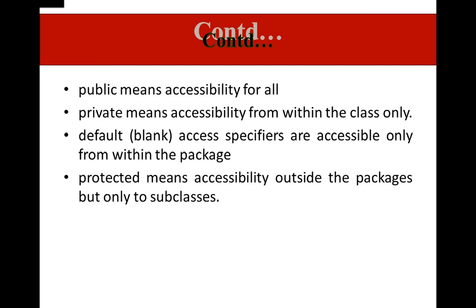Once you have the object of the class, you can access that public variable. In the same way, you can access a public method. If you use the public keyword before the class, that class is available for the entire environment, meaning you can access that class anywhere.